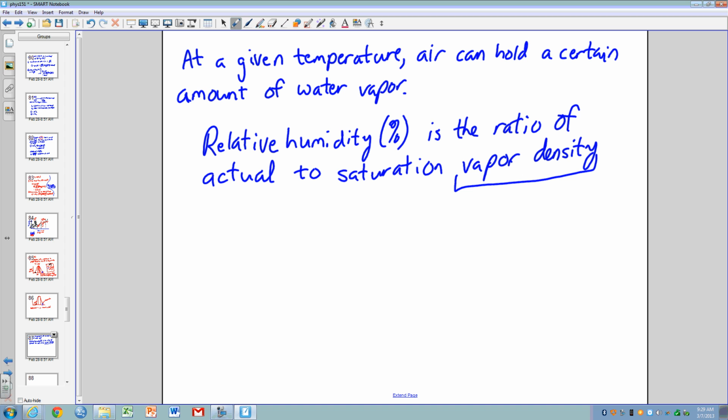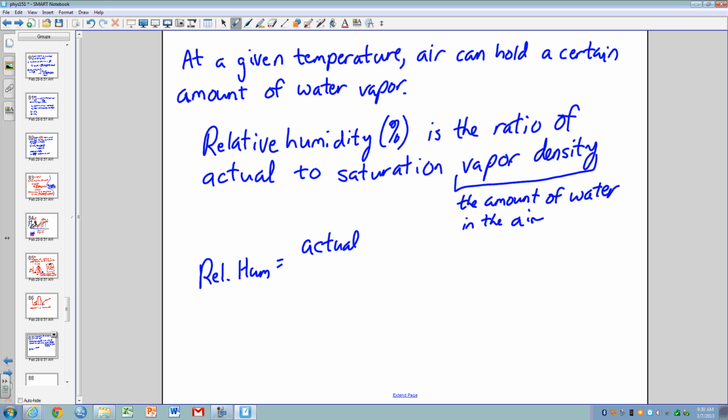Vapor density is just the amount of moisture that's in the air, or the amount of water that's in the air. And our relative humidity is just going to be the actual vapor density, I'm just going to abbreviate it VD, that's vapor density, over saturated vapor density.